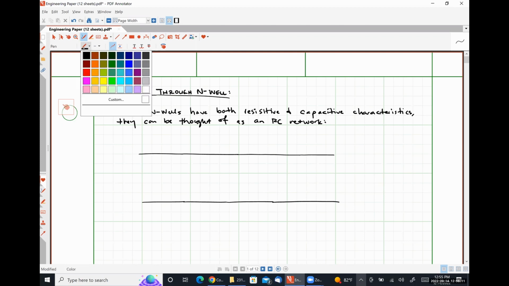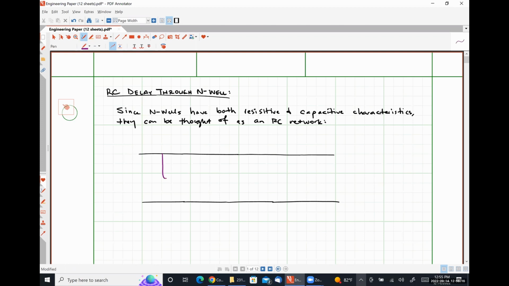So here is the profile of our well, like so. And we are going to assume that we are going to have some potential difference across our well.